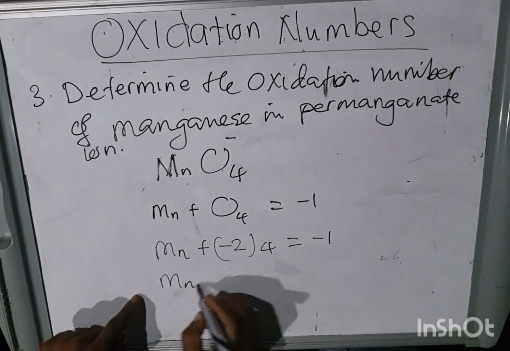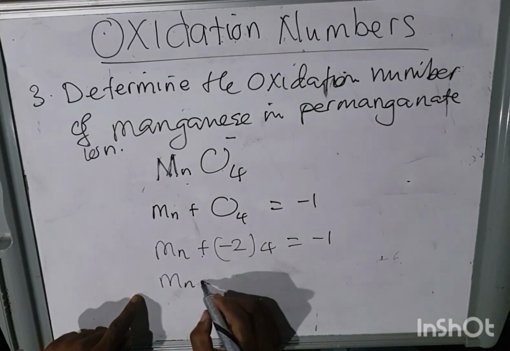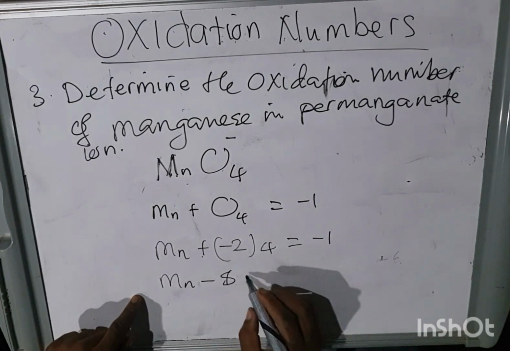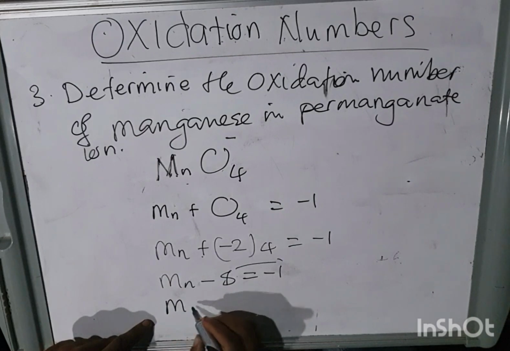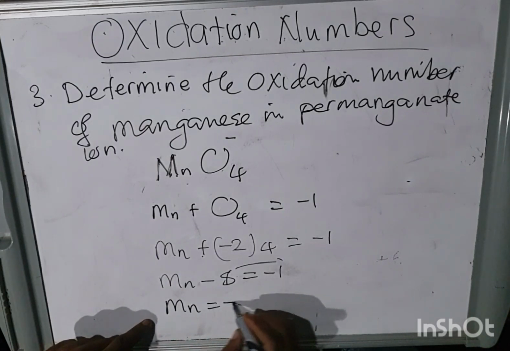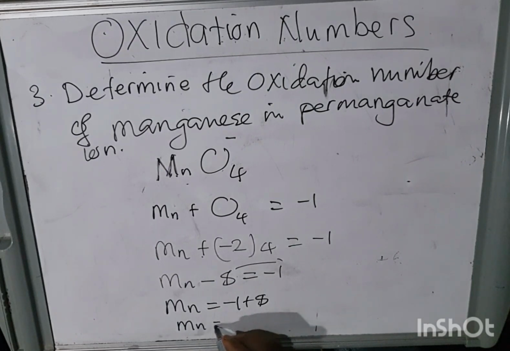So manganese plus, positive and negative is giving us -8, equals -1. So the 8 is going there. Manganese equals -1 plus 8, which is giving us manganese equals +7. So the oxidation number is +7 for manganese in permanganate.